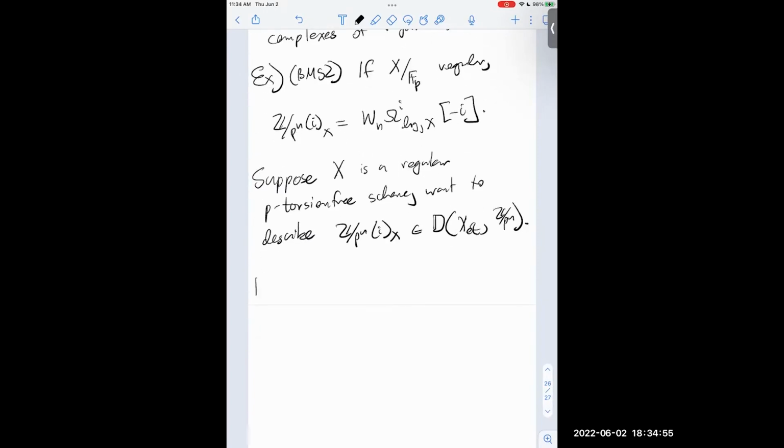Well, first of all, if we restrict to the locus where P is invertible, we're always getting the usual Tate twists.